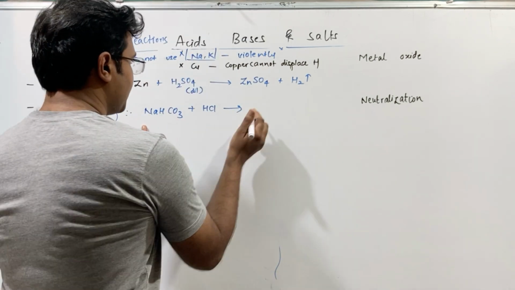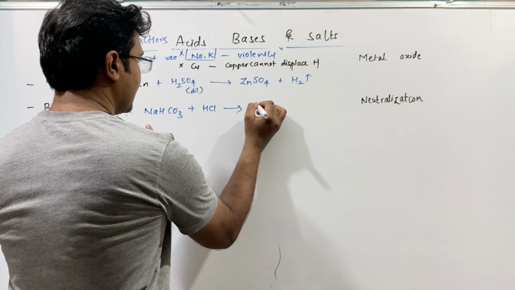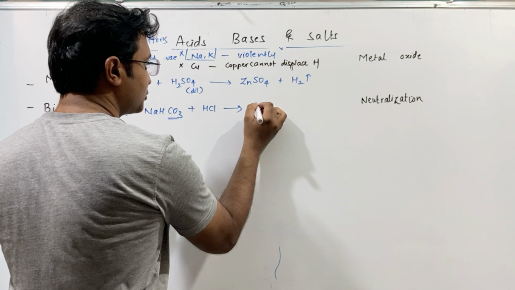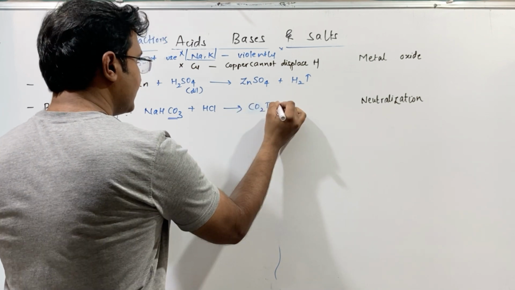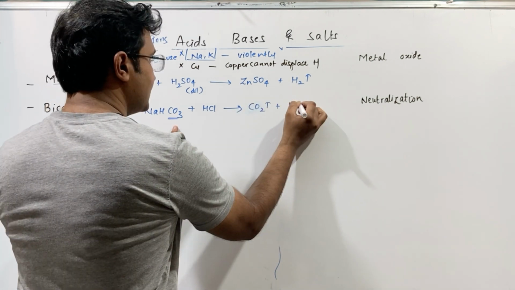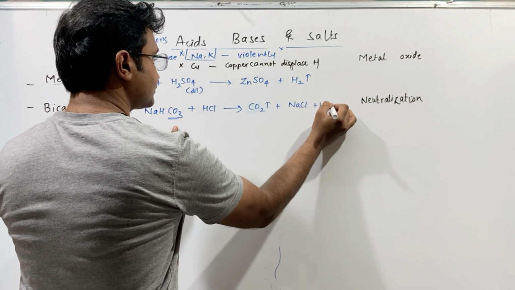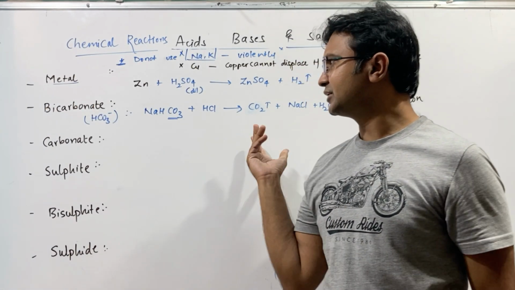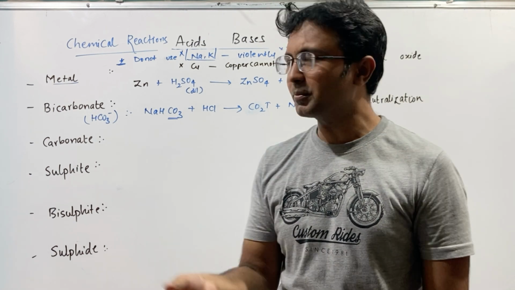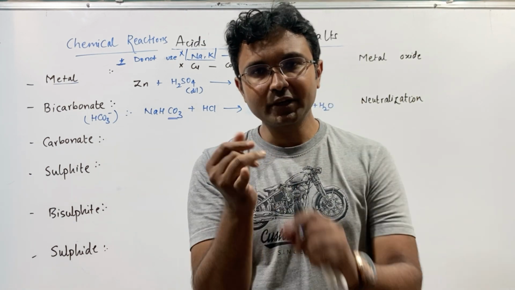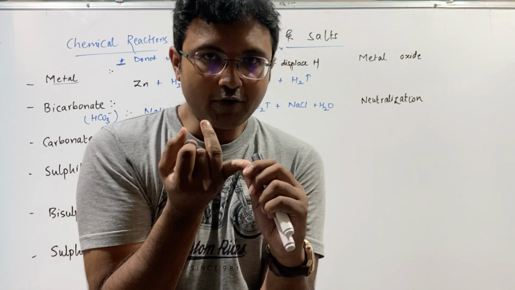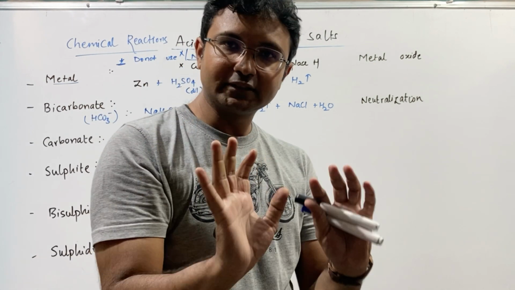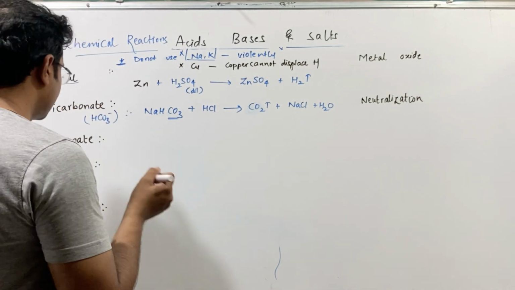Now NaHCO3 plus HCl will give me what? Always first liberate carbon dioxide. When you find CO3, always put CO2 first. And then we have NaCl and H2O. Similarly, you can proceed with Ca(HCO3)2. You can practice more and more using bicarbonates, but the product will remain the same: the salt of the metal, water, and liberation of carbon dioxide. This is fixed.